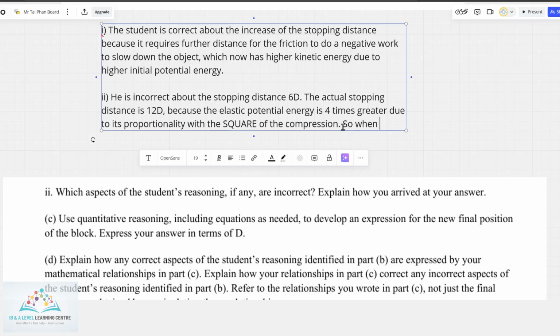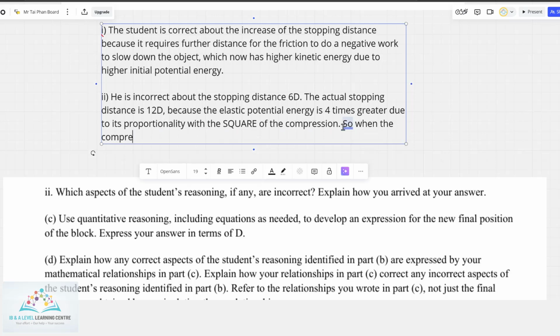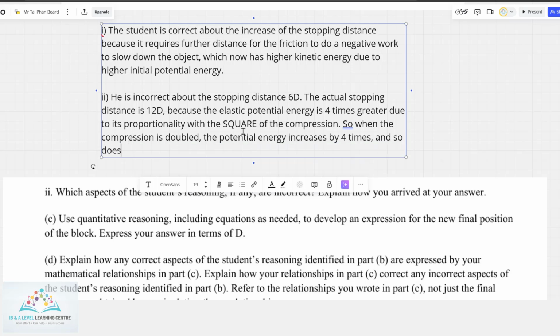So when the compression doubles, the potential energy increases by 4 times. And so does the kinetic energy.